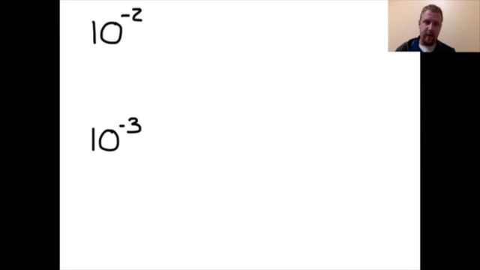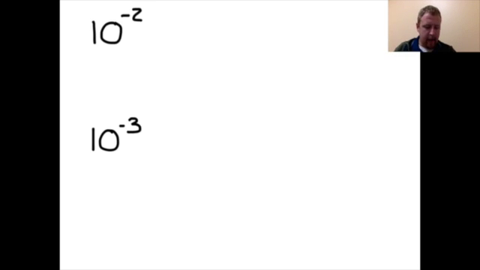Let's take a look at these two examples, 10 to the negative 2 and 10 to the negative 3, okay? Let's figure out what these would look like if they were decimals. Well, remember, when we have a negative exponent, we're really writing something as a fraction.